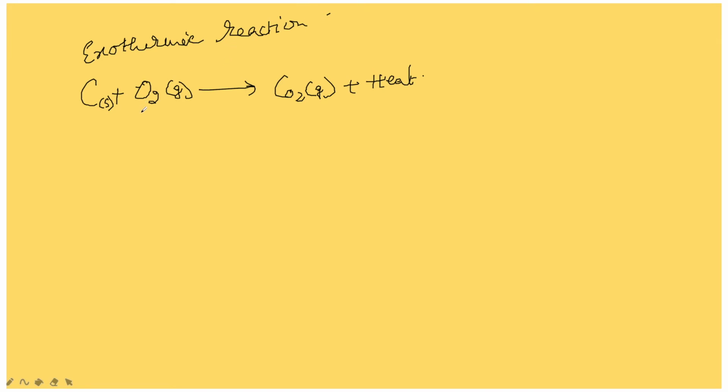Natural gas, which is called methane, CH4, is a gas only. When natural gas is burning in the presence of oxygen, O2, which is also in the form of gas only, it forms carbon dioxide.